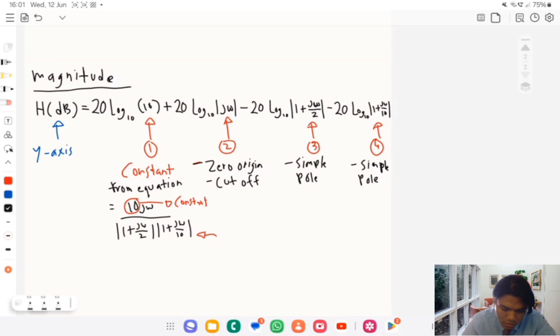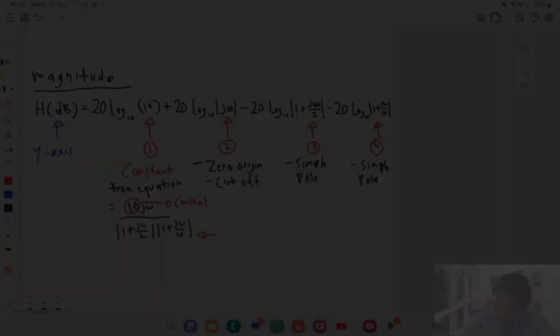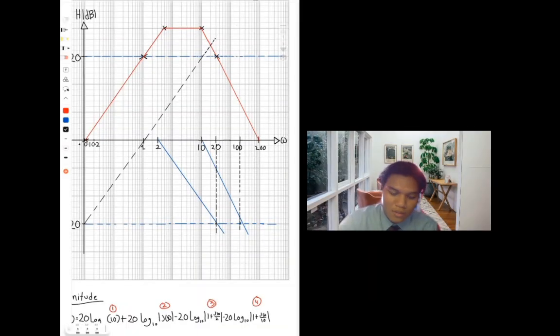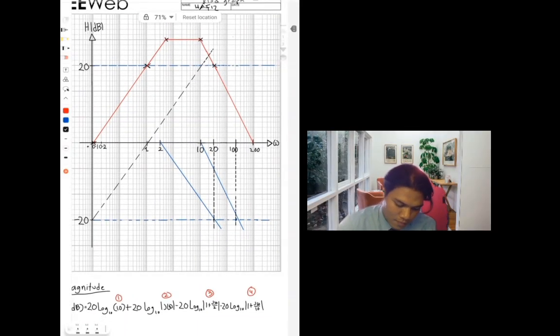So now I will show how to plot a graph. Now I will continue for the graph. So this is a graph that I have drawn. So now we want to know how to plot this graph.